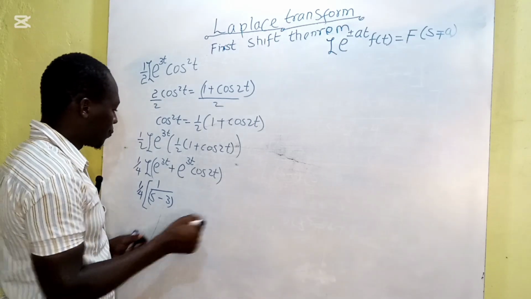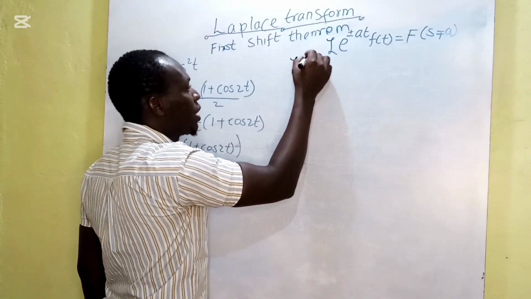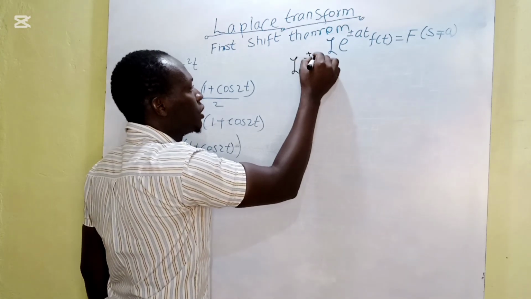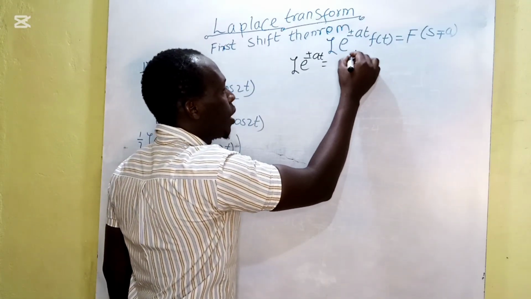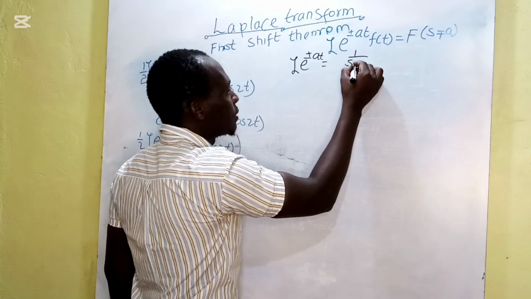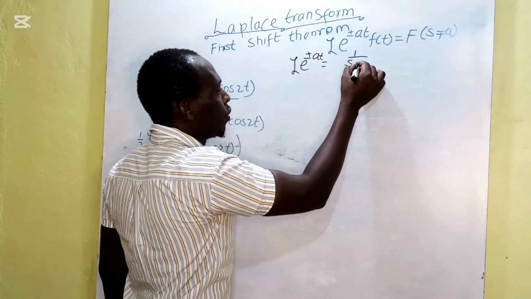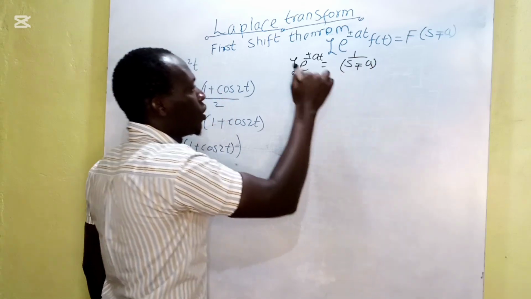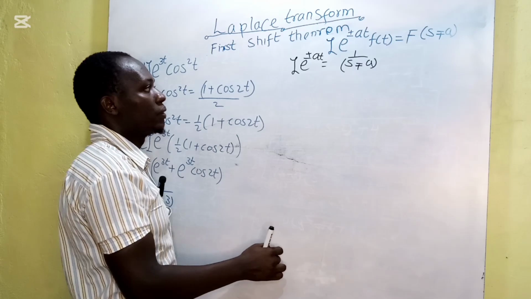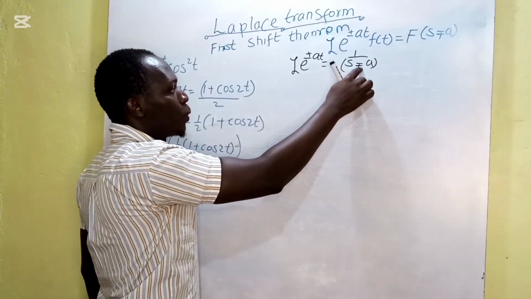Because we know that if you've been told to find the Laplace transform of exponential positive or negative at, this one is equal to 1 all over s, we subtract from or add to a. When we are having a negative coefficient of a, here we are going to have a positive.